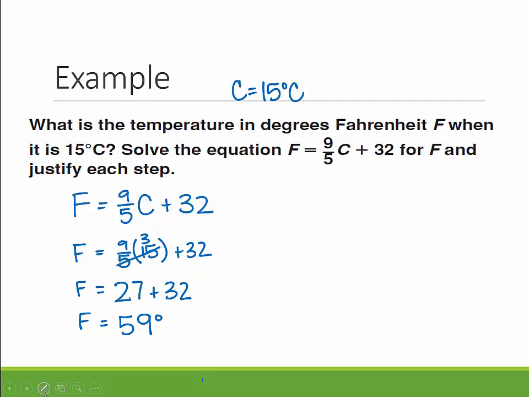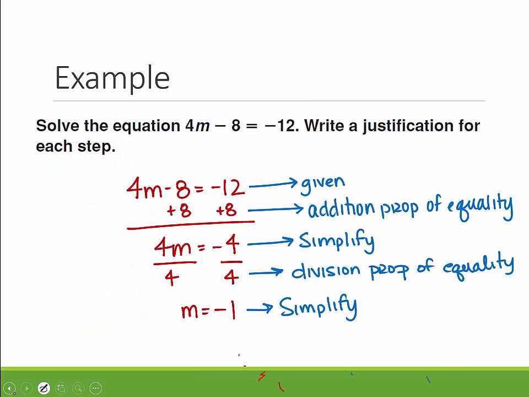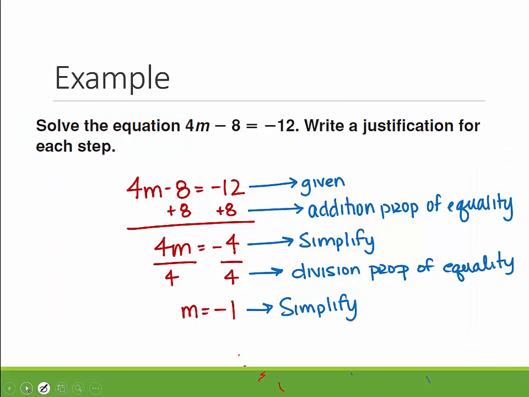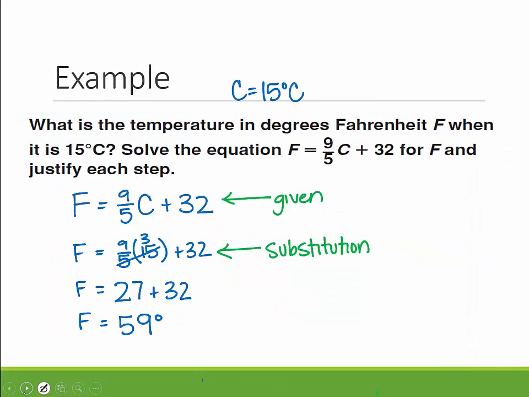So now let's go back and justify why we did each step. So the first thing right here, this was our given equation. And then the next thing we did was substitution. That was the very last thing that we had back here, substitution property of equality. We can plug something in if we know what it equals.